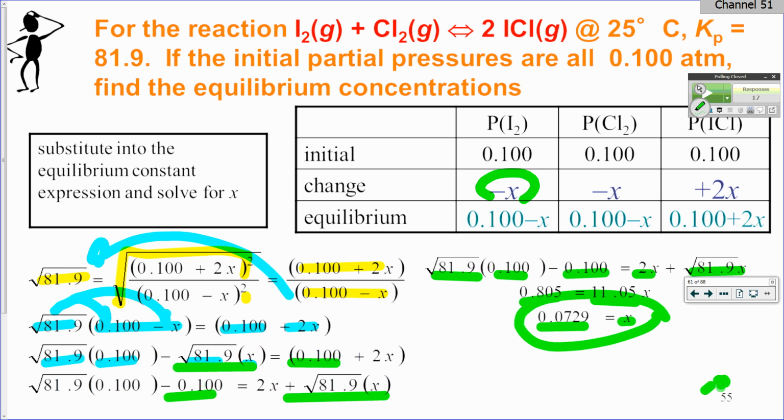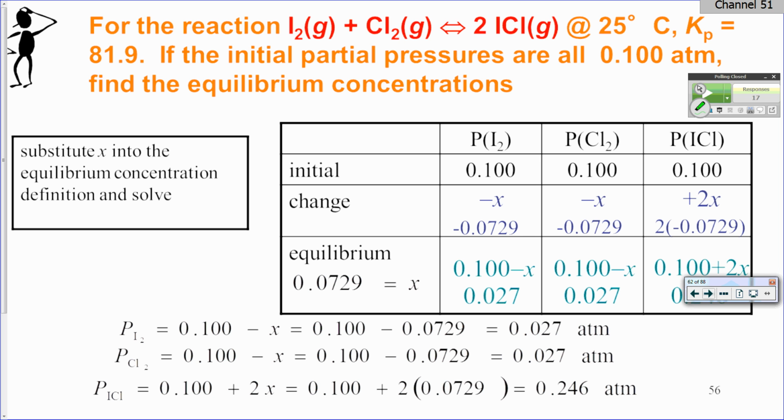I know what this number is in both cases. So I can plug x in, and I can apply that to every one of these. So if I know what the value of x is, apply it to my systems. So I've got 0.1 less x. That leaves me with the I2 of 0.027.